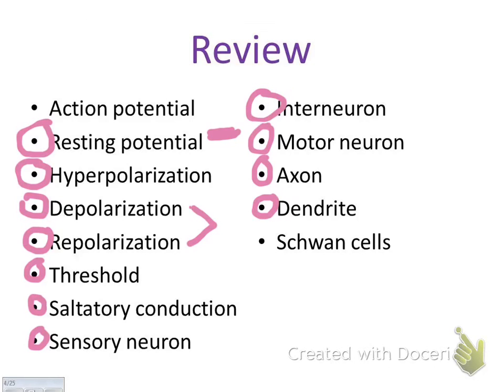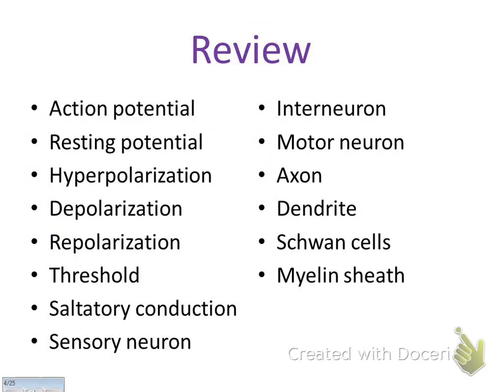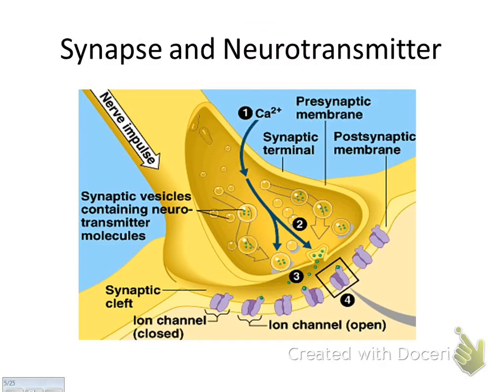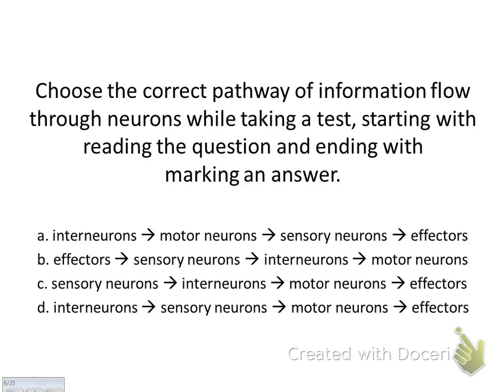It makes up the myelin sheath. And what else? What is the function? Yeah, protects it, right? So Schwann cells protect the axon. Okay, we got those words. So take a second and try to answer that question for me. See what you think.